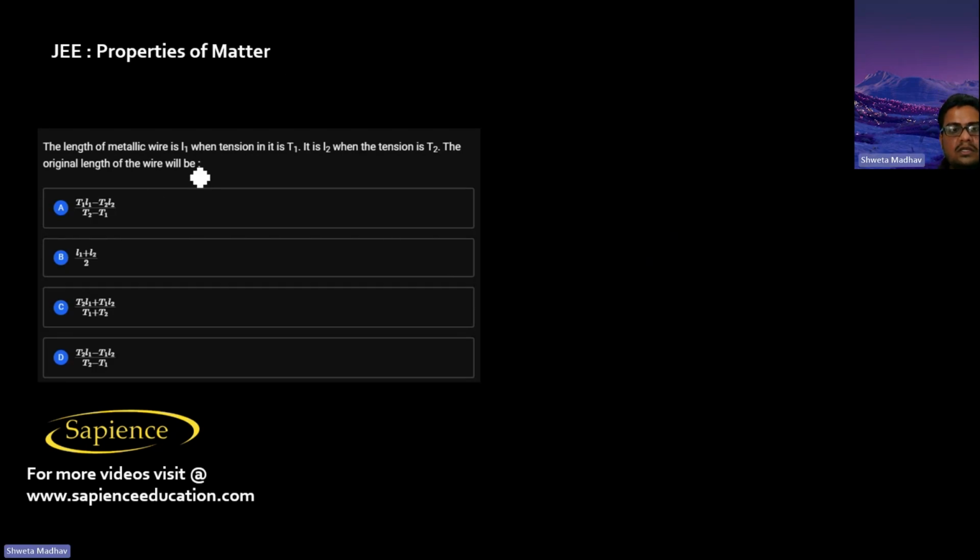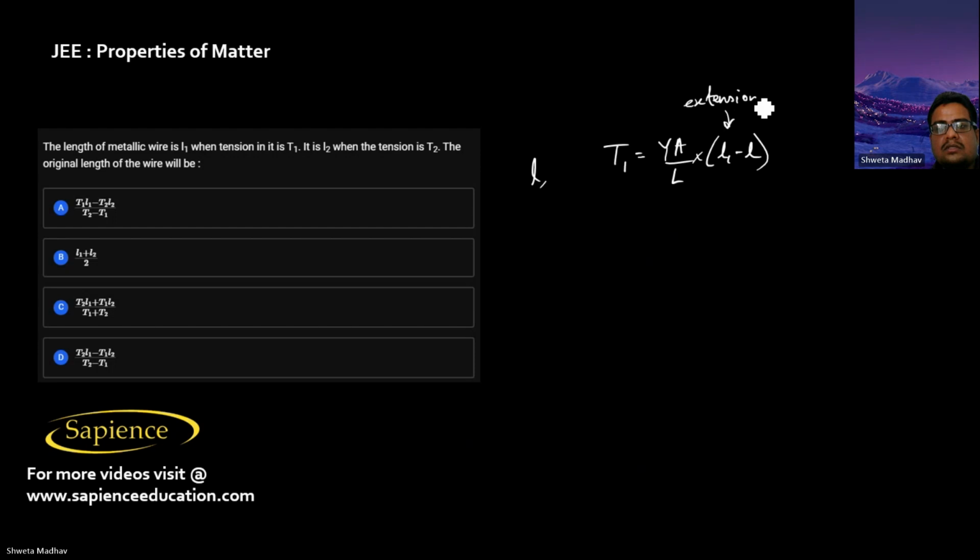And here it is told the length of a metallic wire is L1 when the tension is T1, it is L2 when the tension is T2, then the original length of the wire, which we have already solved. So if the original length is L, and T1 is the tension and the length is L1, then I can write T1 is equal to YA by L into L1 minus L, since L1 minus L will be the amount of extension in the metallic wire.